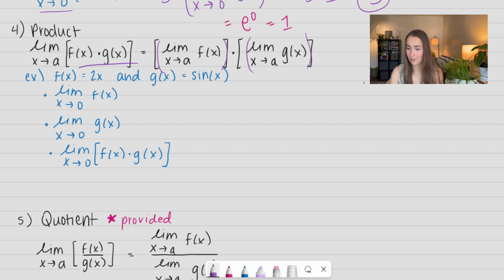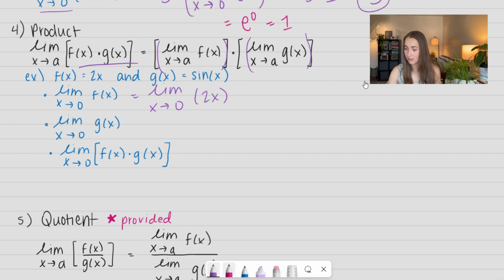We have here f of x is equal to 2x, g of x is equal to sine of x. So first I want to make sure both those limits exist before I can use the rule. So we're taking the limit as x approaches 0 of f of x. I'm going to go ahead and plug that in and use the rules that we already know. We have 2x as our limit. Now I'm going to use constant multiple.